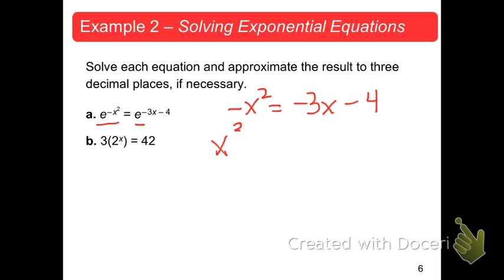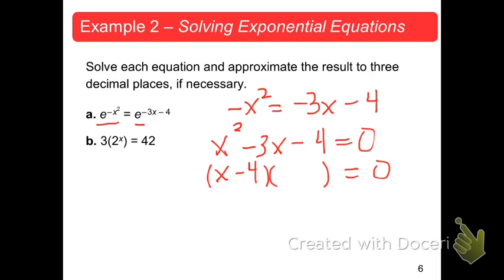We'll have x squared minus 3x minus 4 is equal to 0. And then we can solve. And we notice we get x minus 4 and x plus 1. And solving each of these by setting them equal to 0, we get x is equal to 4 and x is equal to -1.